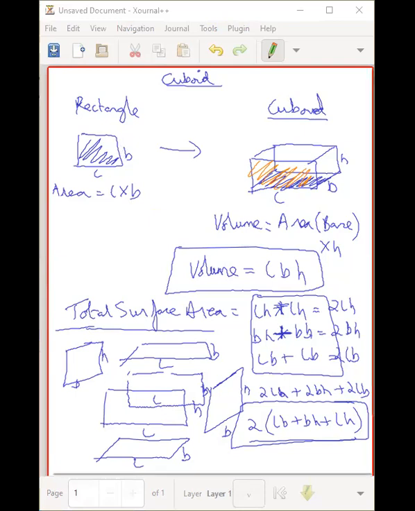Anybody still copying this? Siddhant, clear?